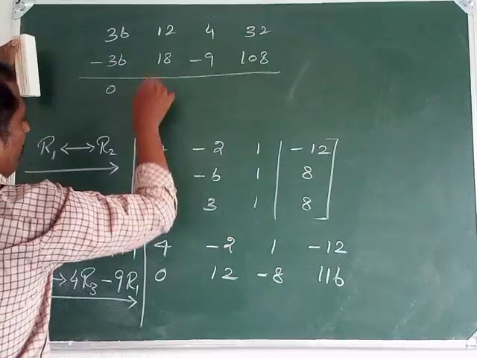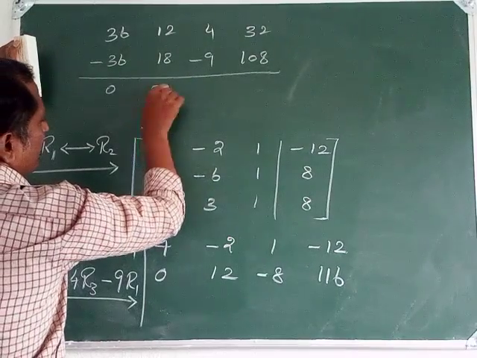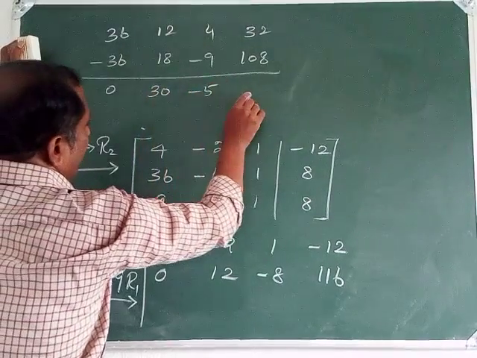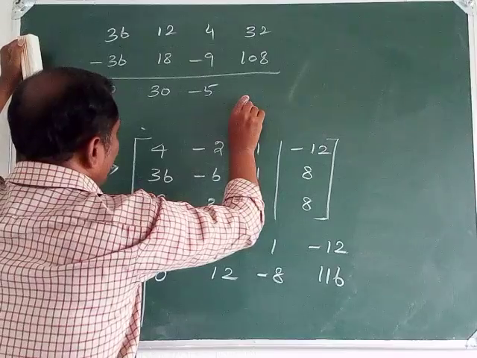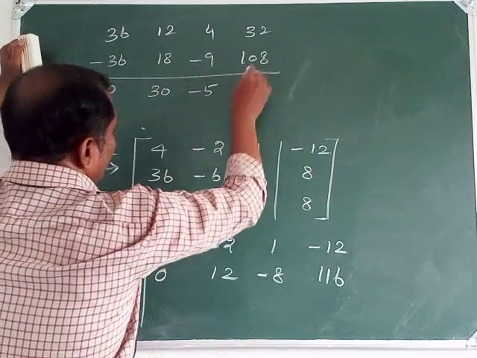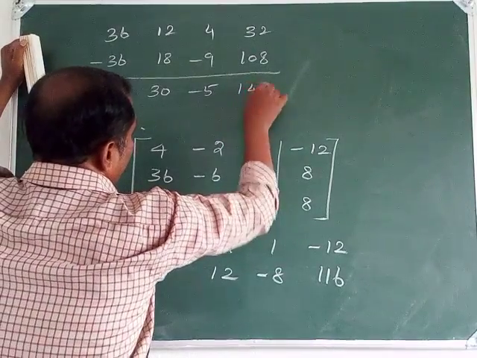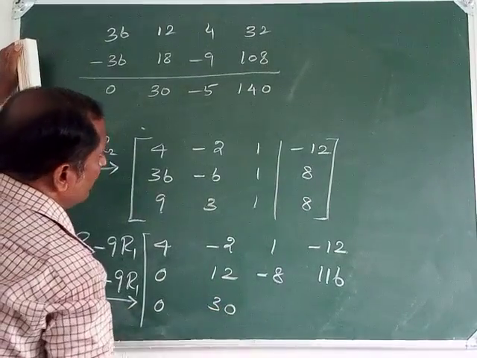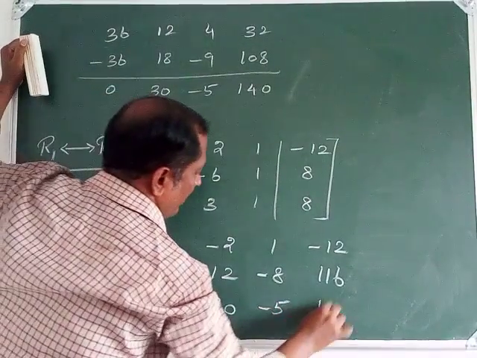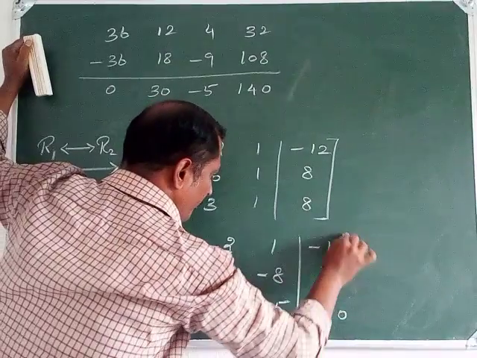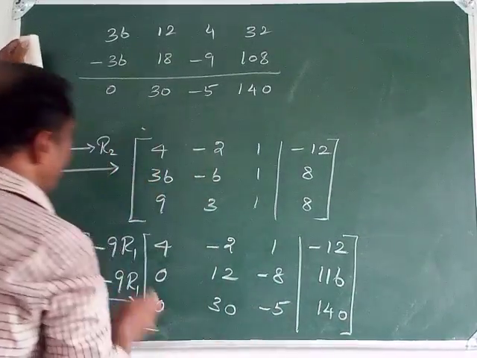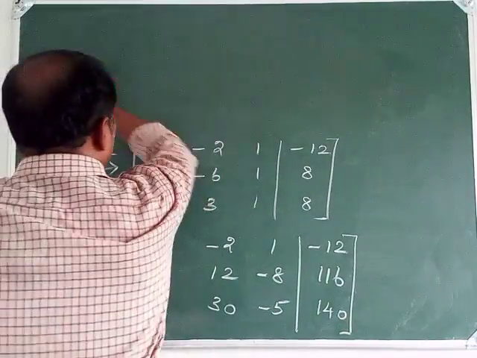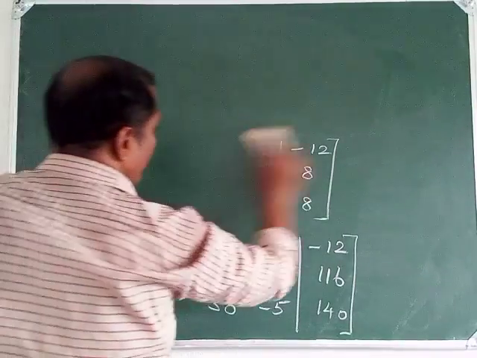So 0, 18, 20, 30, minus 5, 1, 40. So the third elements are 0, 30, minus 5, 140. Is it an equivalent form? No, it is not an equivalent form.